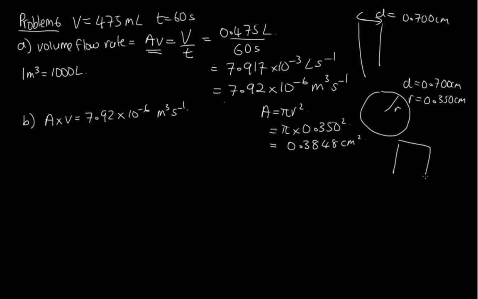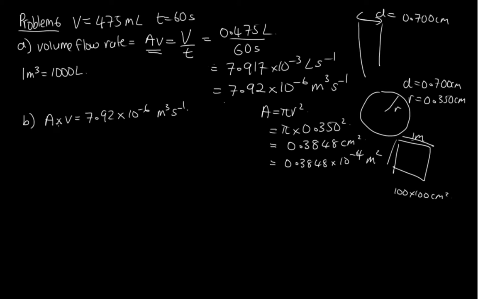In 1 meter squared, we've got 100 centimeters along here and 100 centimeters along there, so there's 100 times 100 centimeters squared. So we need to divide this by 100 times 100, which is 0.3848 times 10 to the minus 4 meters squared.